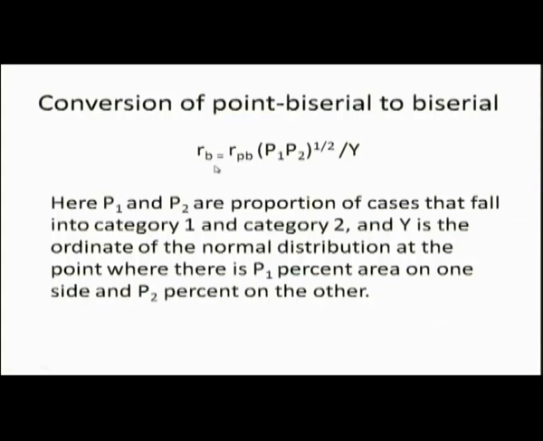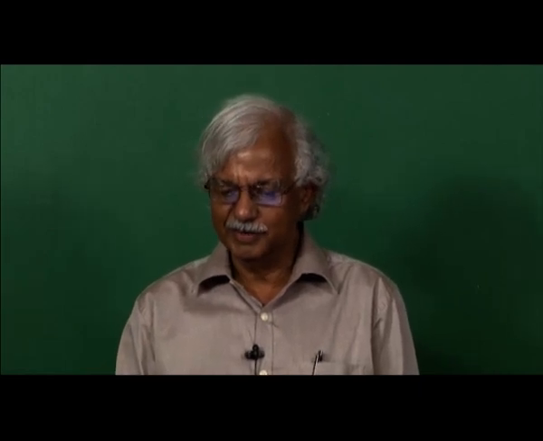This RB is biserial, RPB is point biserial, P1, P2 are proportions in two categories, pass and fail, dead and alive, that kind, and their product P1 into P2, square root of that divided by y. Y is the value of ordinate of a normal distribution at a point which divides the total area into proportions P1 and P2.